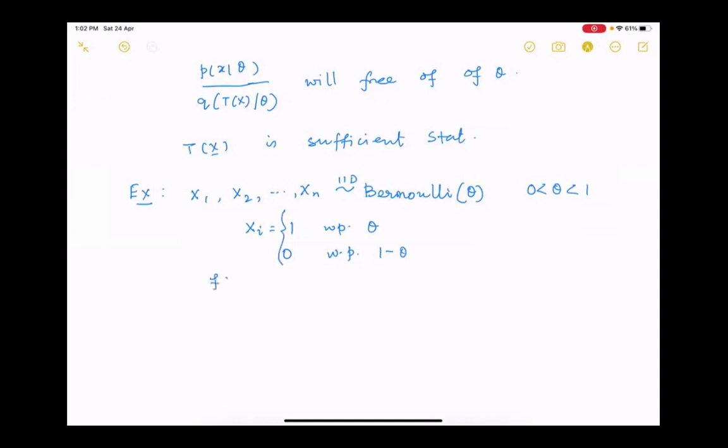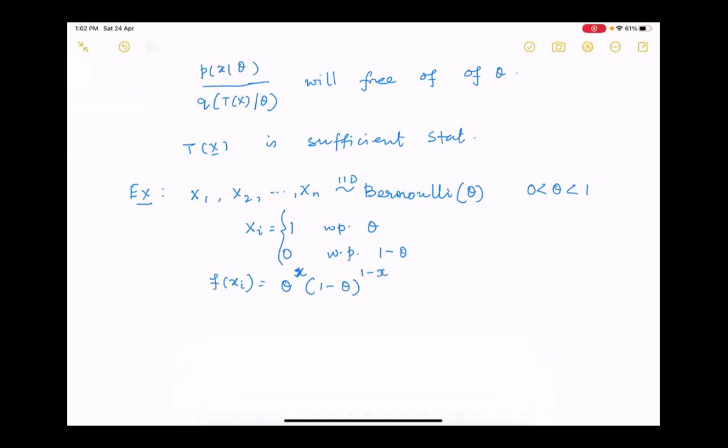Then f of small xi is equal to theta to the power xi, times 1 minus theta to the power 1 minus xi.